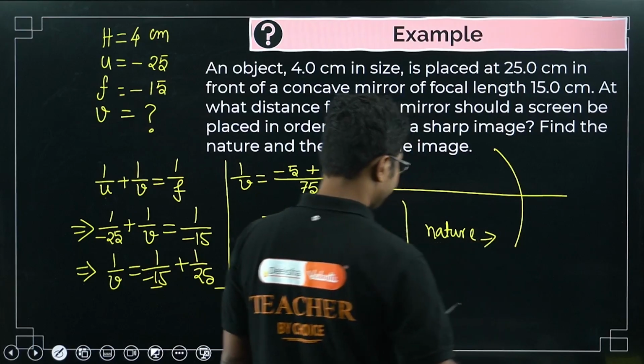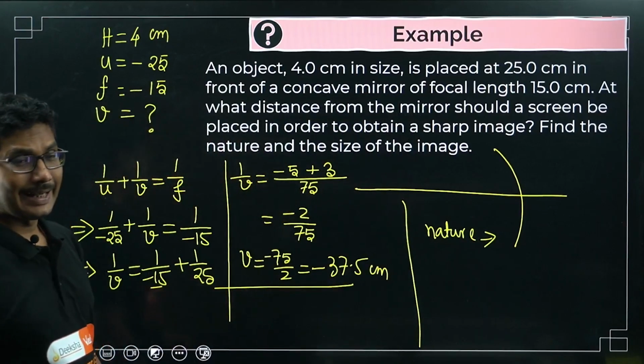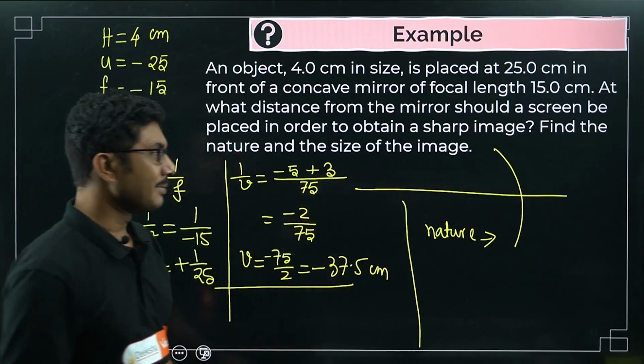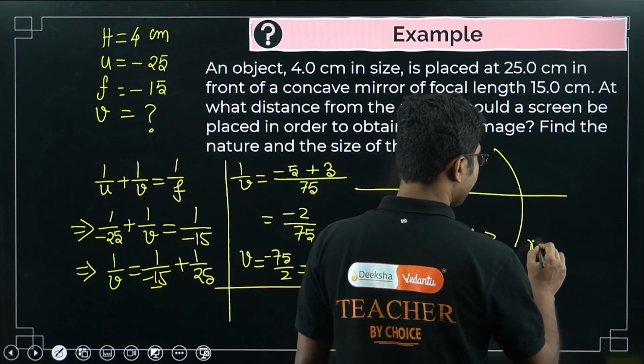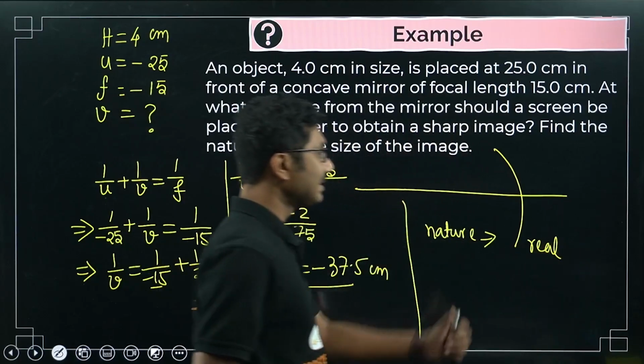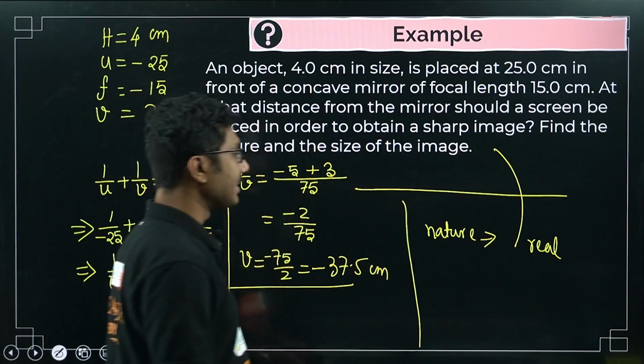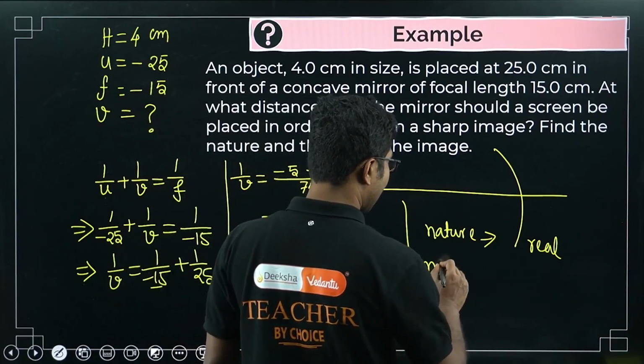What is the nature? v is negative, and negative means on the same side as the object. So it is a real image, because it is forming on the same side as the object.